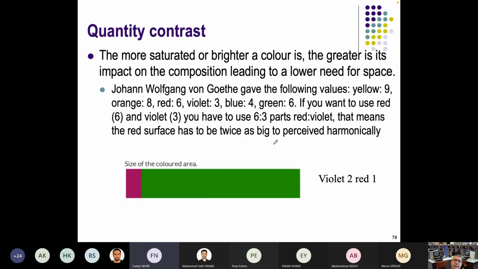And quantity, color quantity, is an interesting term. Some colors have more weight than others.